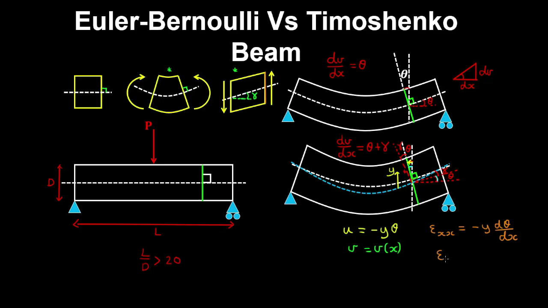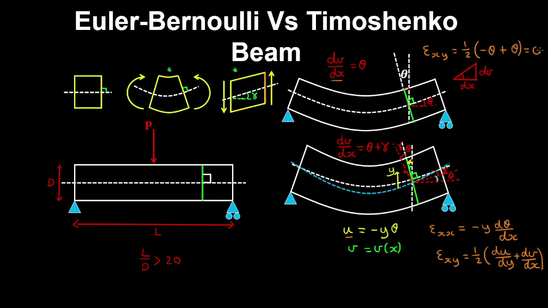And the tensor strain, epsilon xy, is 1/2 by du dy plus dv dx. So for the Euler-Bernoulli beam, epsilon xy is 1/2 by du dy, which is minus theta, plus dv dx, which is theta.